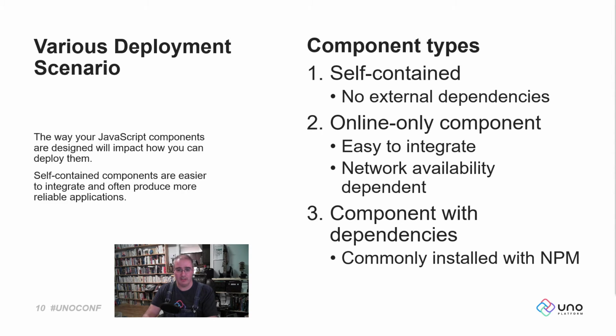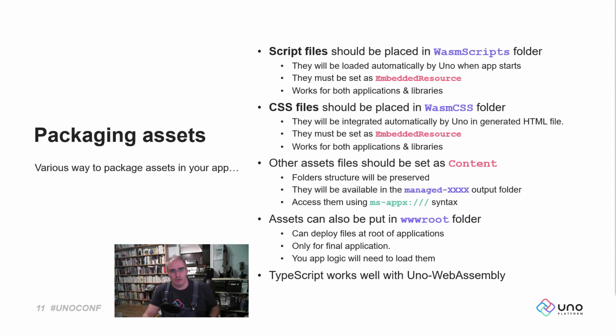You can also need NPM to get your components and all the dependencies to integrate them and package them with your application. And now you should put your script in the wasm script folder. They will be loaded automatically when the app starts. The same for the CSS. They will be injected into the generated HTML file.